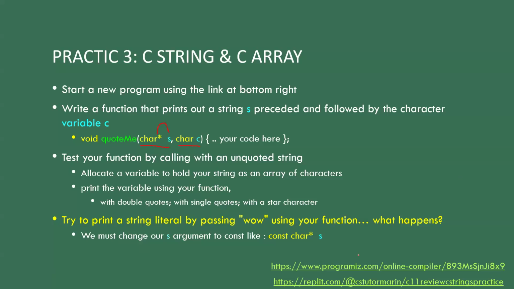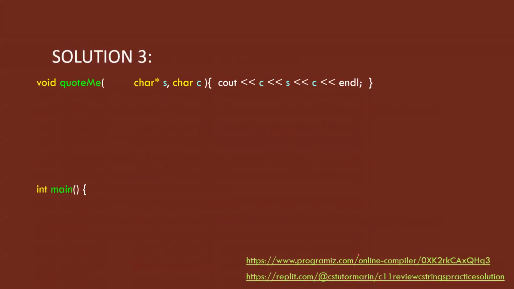So I'm going to quickly go to the solution here so you guys who are working on it can do it. If we're just printing it out, we're not returning it, sorry, we're just printing it out, so cout, the character followed by the string followed by the character. That's all we're really trying to do. That's pretty straightforward, but there's a gotcha here I want to show you.